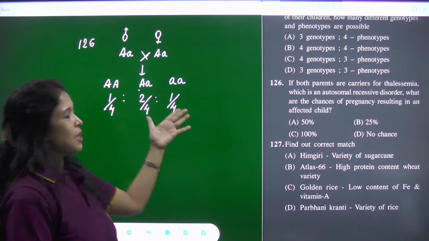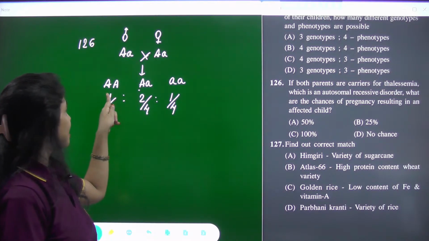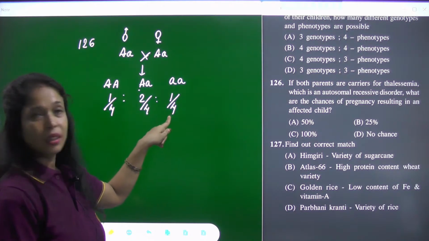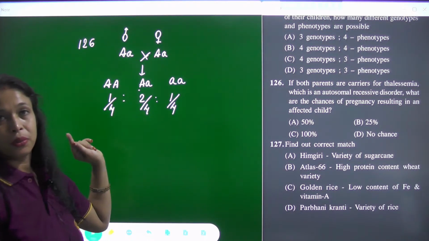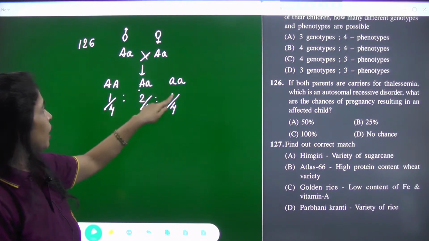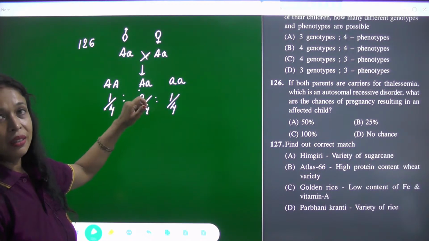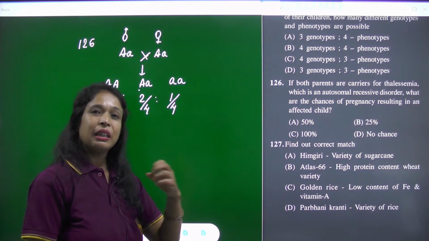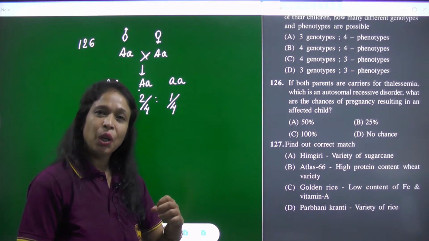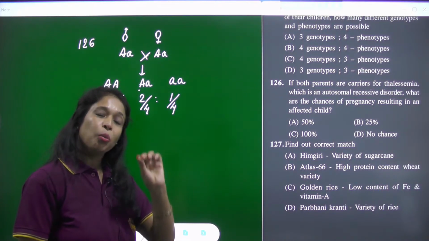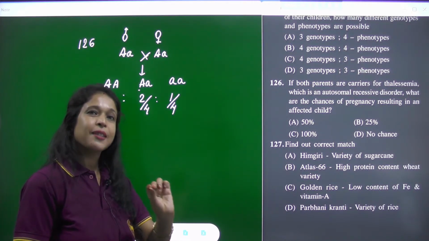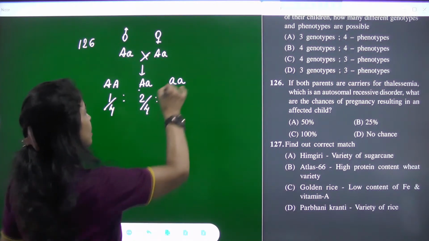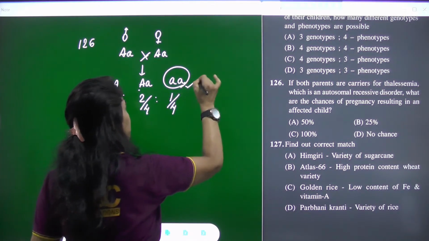So out of these 4 combinations, this is the one combination out of 4 child, this is also another, and it is 2/4. So affected child will be which one? Affected, because it is an autosomal recessive disorder. Disease will come in the child only when homozygous recessive condition is present. So homozygous recessive condition is this. This child can be affected.